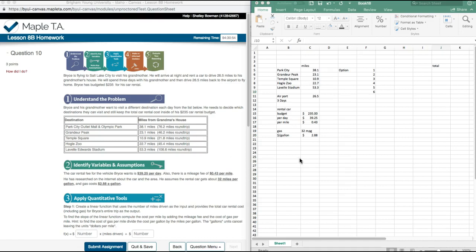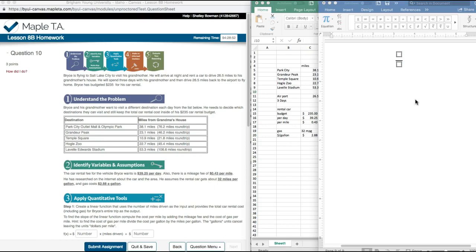Okay, so we're going to do a little conversion here. I've written everything down that I could glean from this to use in Excel, and we're going to find the cost first, 32 miles per gallon, and we have dollars per gallon. Okay, I just wanted to show my work here by bringing up Microsoft Word.